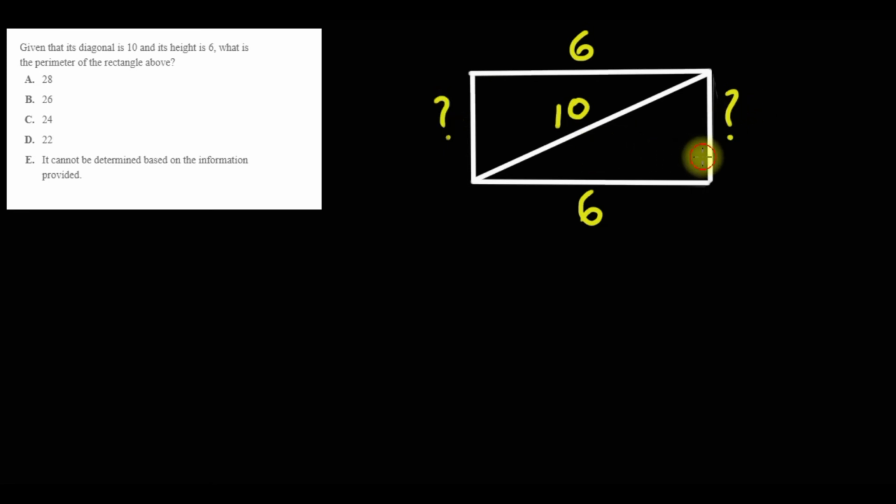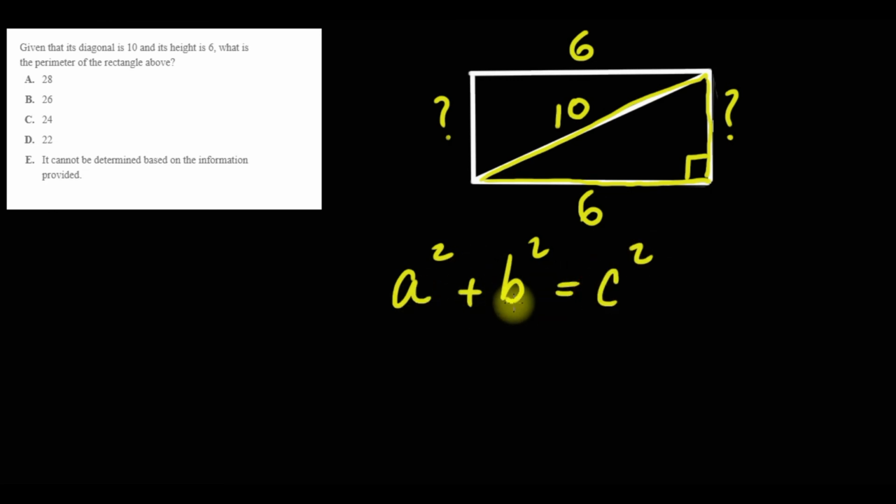To find the side here, let's take a look at this triangle right here, which is a right triangle. You're given two sides: you know the hypotenuse and you know one of the legs. You can find the other side by using the Pythagorean Theorem, which is a squared plus b squared is c squared.